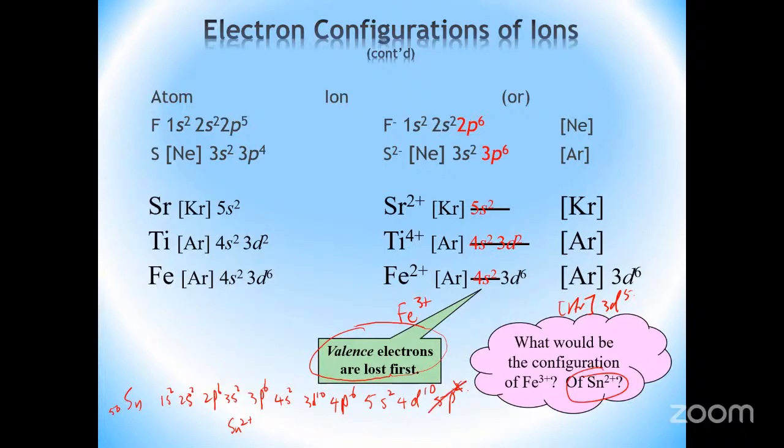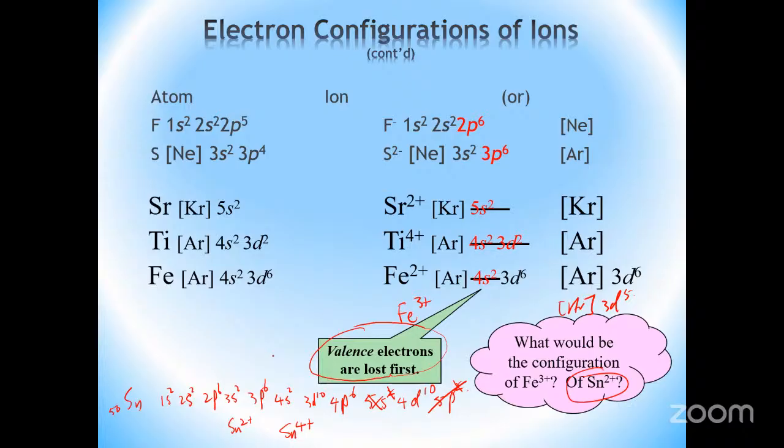So that means that the 5p subshell will disappear, and what is left will be the electron configuration of Sn2+, right? Now let me ask you another question, which is not asked here. Suppose you're asked to write down the electron configuration of Sn4+. Where will the next 2 electrons be lost from? Would it be the 5s2? Exactly. These 2 electrons will go, so what is left would be the electronic configuration of Sn4+, right?